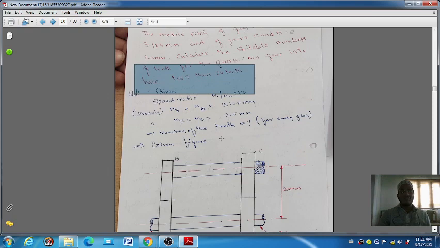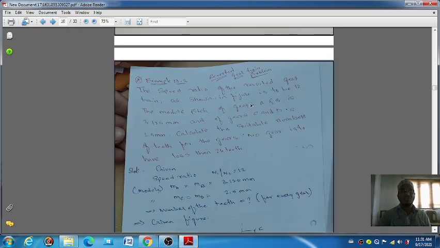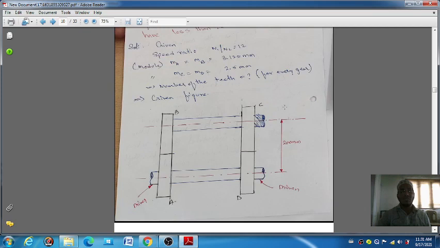First we have to draw the figure. The question also gives the figure, and I just draw that figure in the solution.